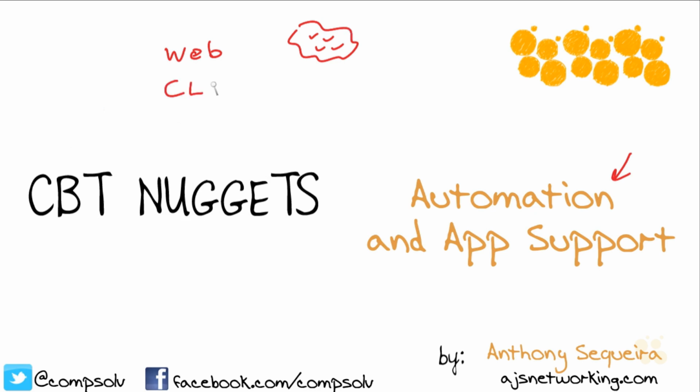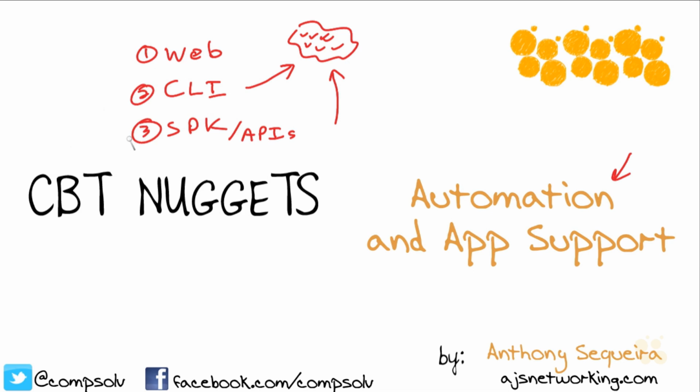If you use the command line interface and you run scripts, you can automate the creation of resources in the cloud. And then there are software development kits, of course, that use APIs to allow us to write software programs to automate in the cloud. So these are the three main ways in which we interact with the cloud, and those provide automation.